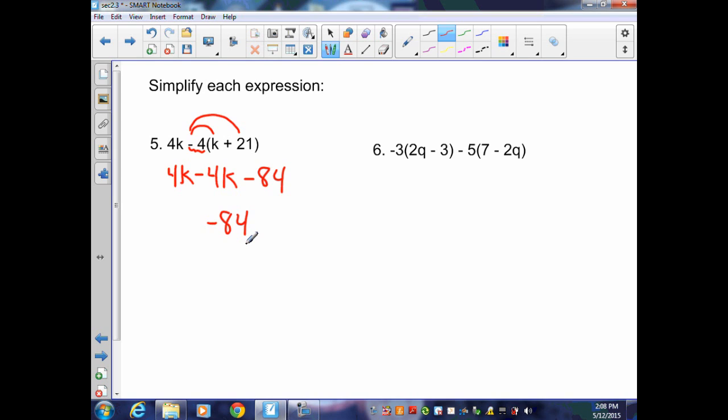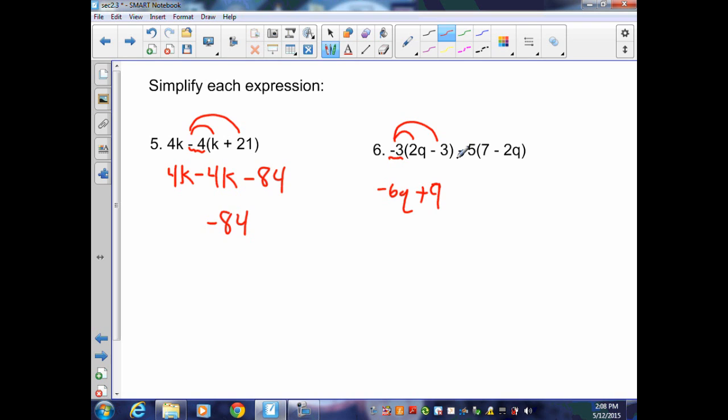Number 6. A negative 3, I need to distribute. So that's that whole number, negative 3. Negative 3 times a positive 2 is going to give me a negative 6q. A negative times a negative is a positive 9.